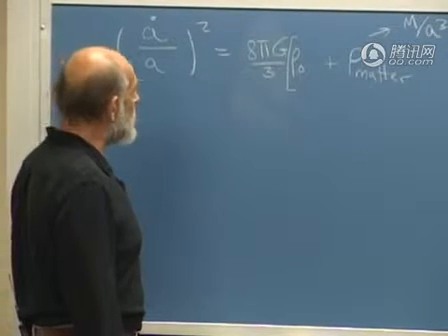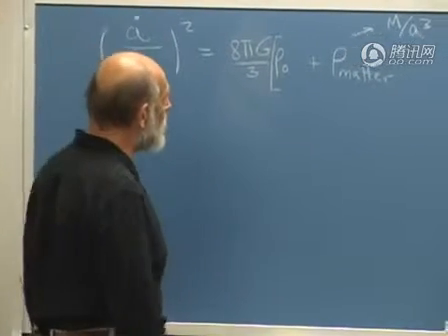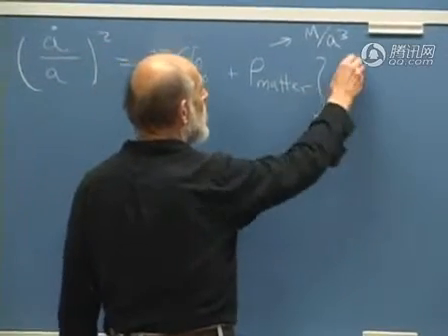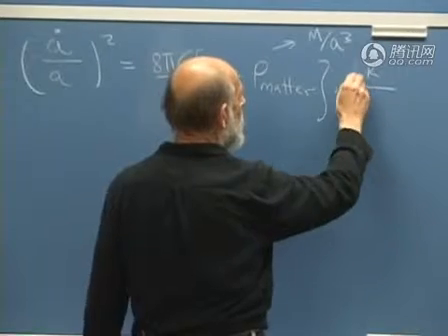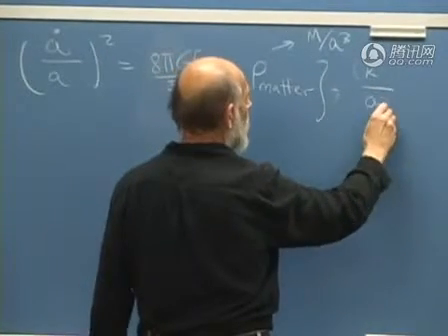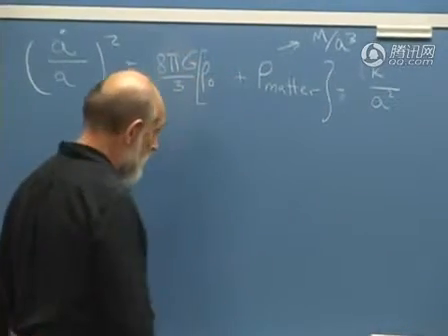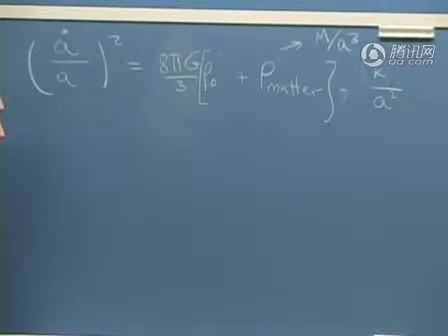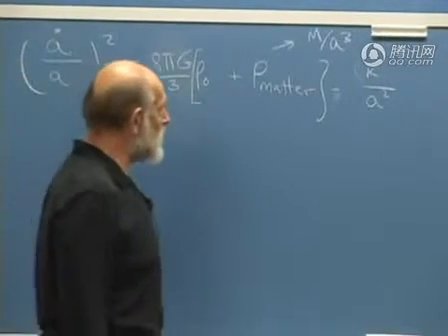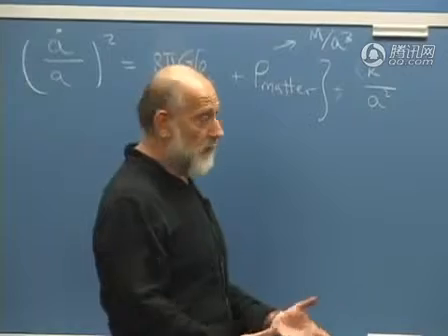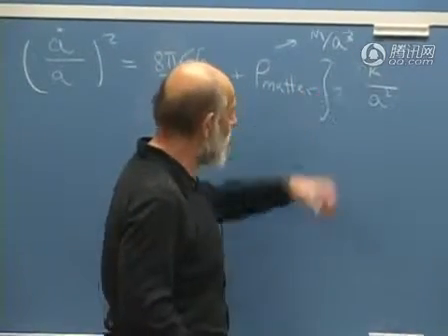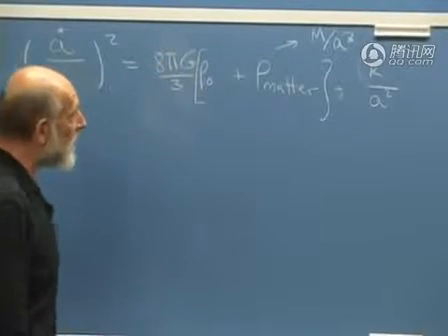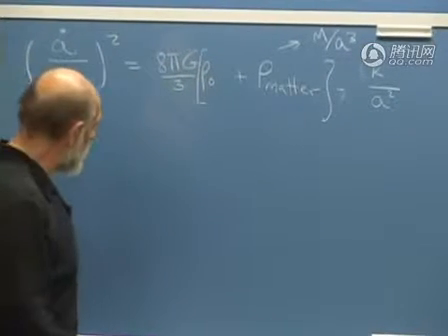And let's see, is there anything we're missing? Yeah, we're missing minus k over a squared. That's the curvature part. That's the part which is k equals plus 1 for a positively curved universe, k equals minus 1 for a negatively curved universe, and k equals 0 for a flat universe.